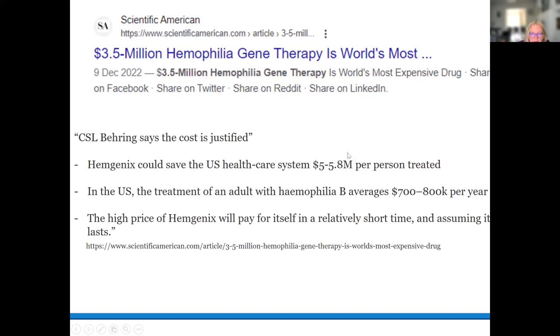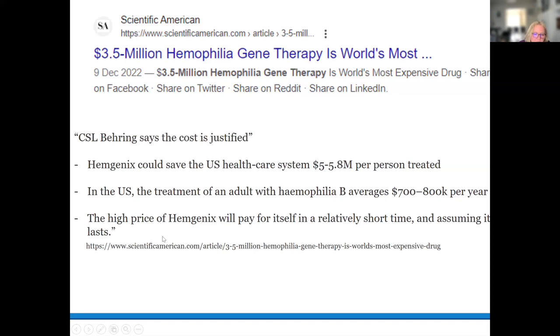And this is due to the fact that if you don't treat a hemophilia B patient with gene therapy, you have to treat this patient with a protein, with a blood clotting factor. And if you do that with a non-gene therapy-based treatment, you're spending roughly $800,000 per patient per year.